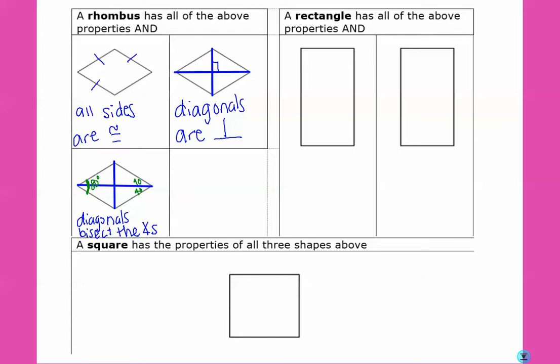Special rules for the rectangles, and the first one I think you guys all know already. All the angles are 90 degrees in a rectangle. So right angle, right angle, right angle, right angle.